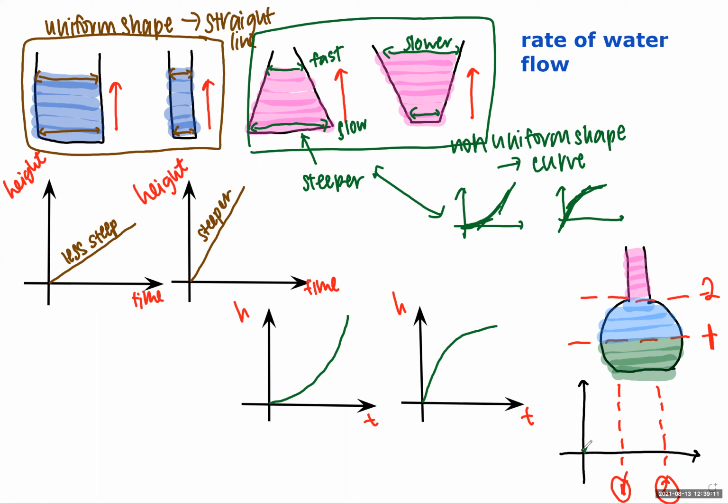It's a gradual curve. And when it hits the blue one, it's going to be this way. And when it hits the pink one, it means it's going to be a straight line. It's no longer going to be a curve. It's going to be super steep. So it's curve, curve, line. And that is the general idea for rate of water flow.